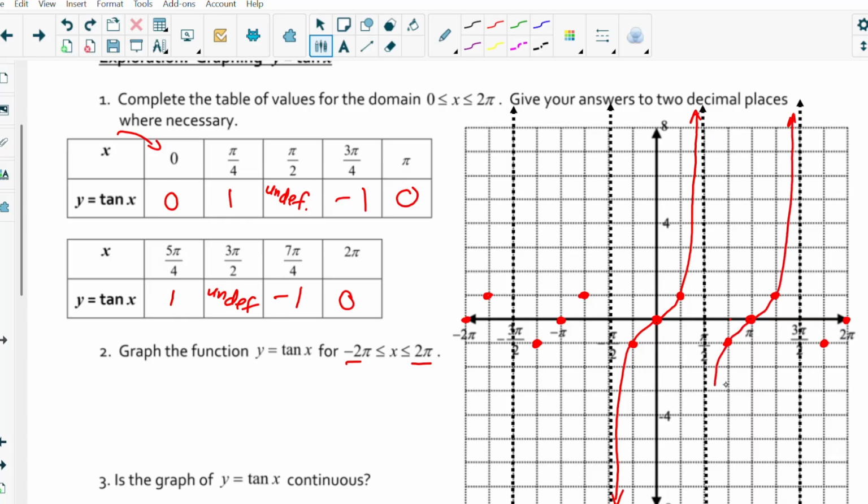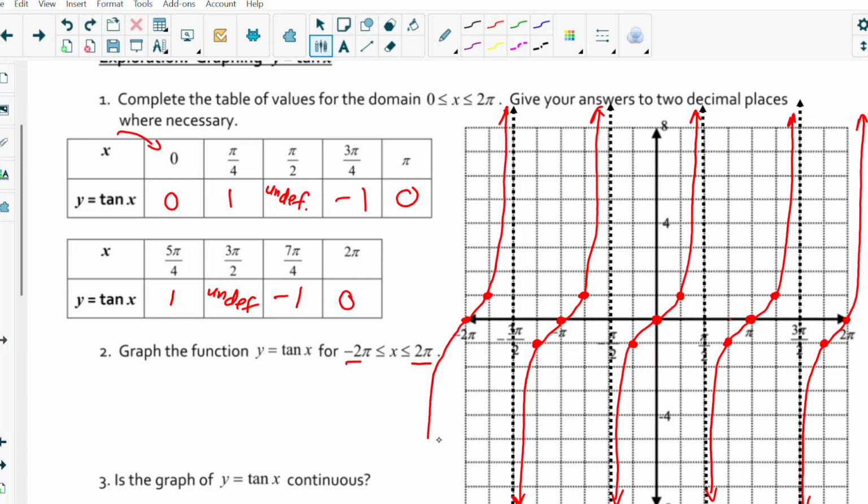It looks completely different. Okay, so that's graphed.